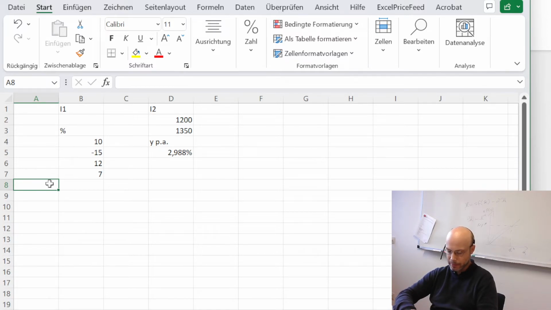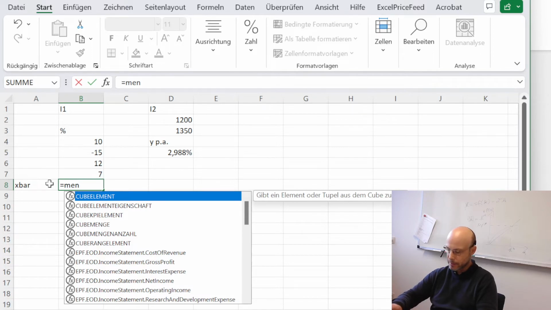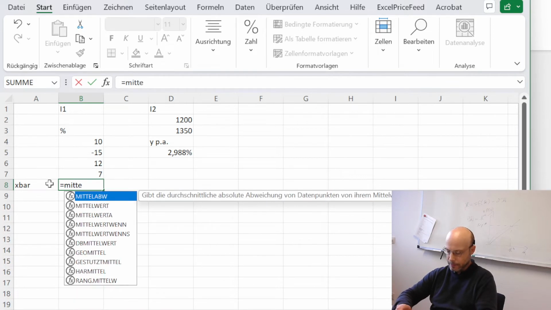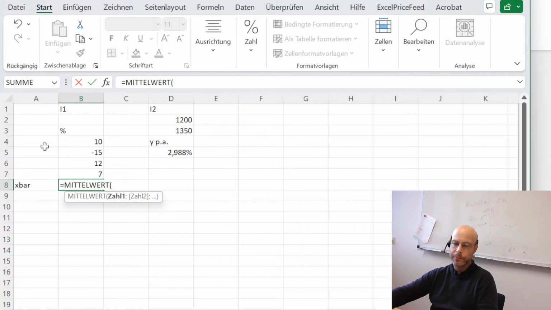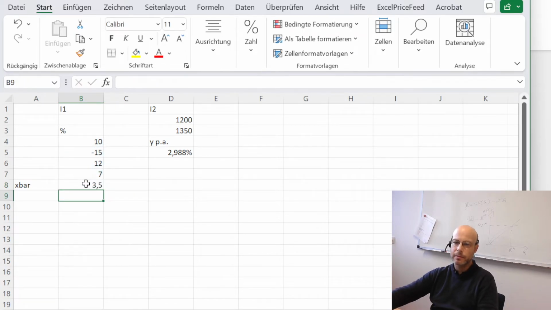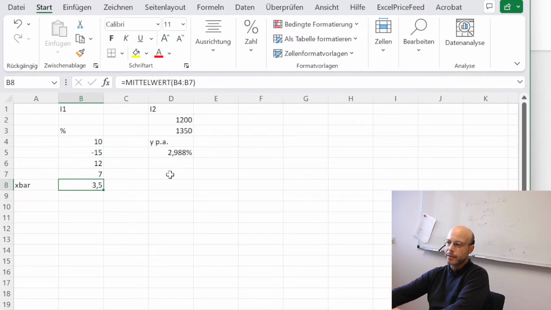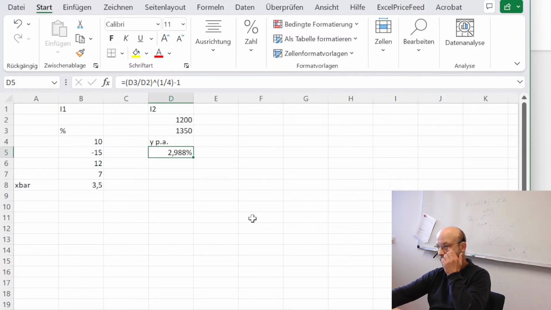In this case, the mean of this would be 3.5. Is this how we have to do it? So this one is better than this one. What do you think?